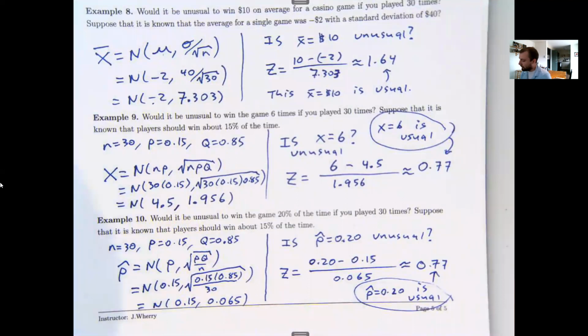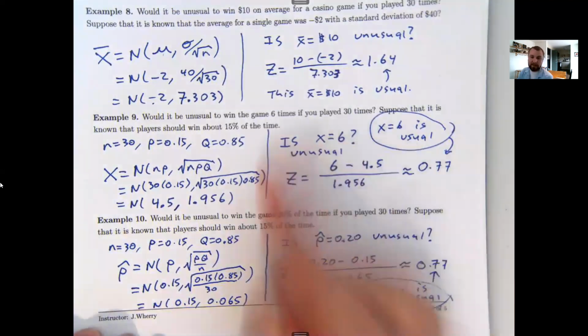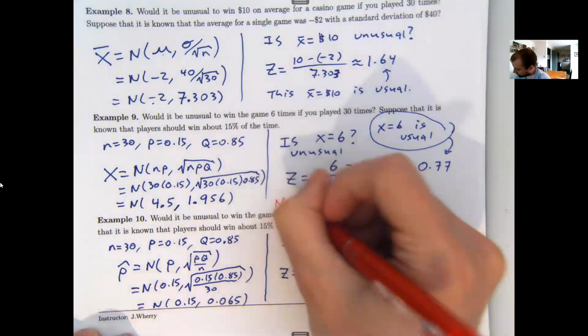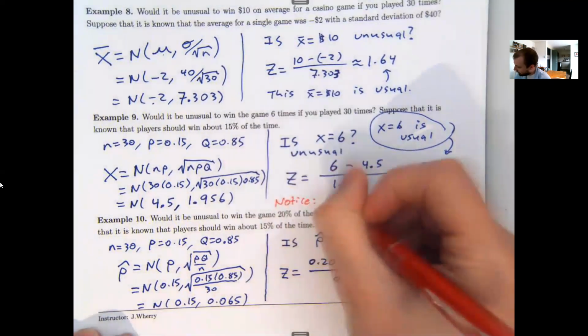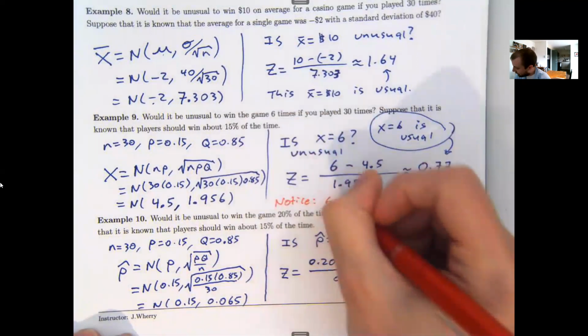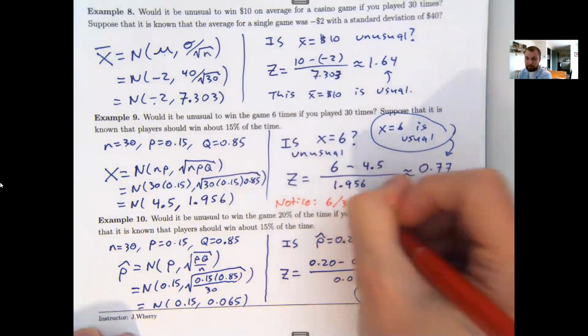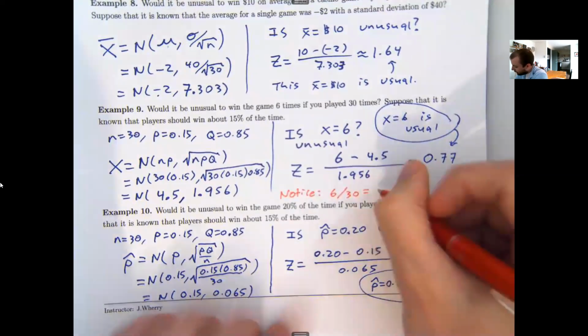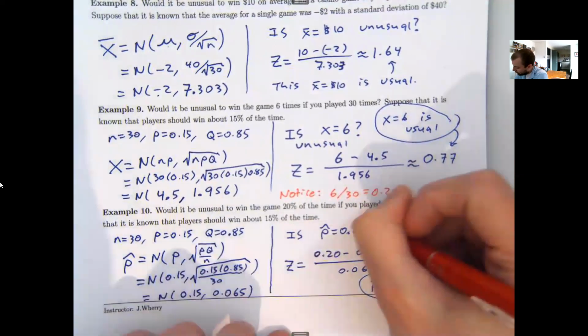So just as a note on this last problem, if you try to do this based off of percentages instead, notice if I took this 6 and I divided it by the total of 30 to rewrite this as a problem about percentages, this actually gives me 0.20.